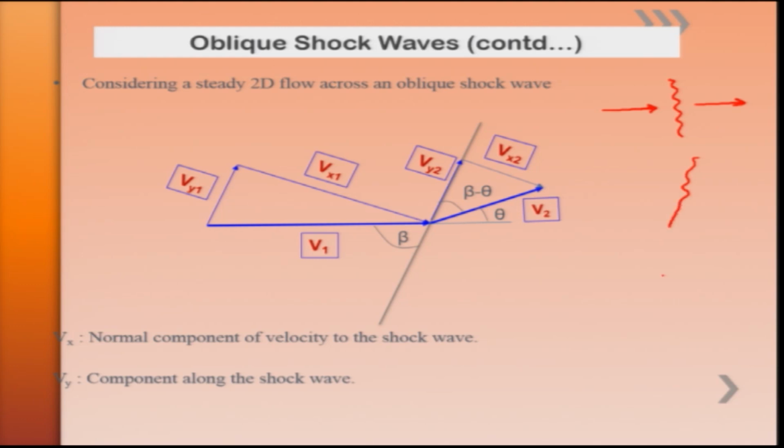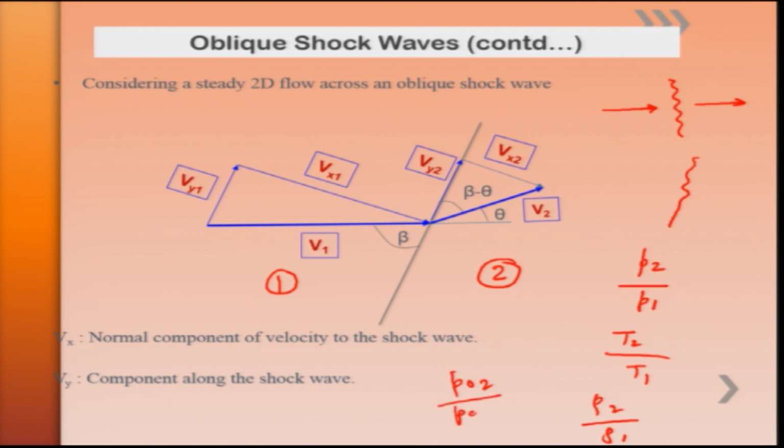That means for these kinds of oblique shocks which are encountered here, our objective is to have the upstream and downstream property ratios, that is P2 by P1, T2 by T1, rho 2 by rho 1, the stagnation pressure ratio P02 by P01, and what about delta S, in the case we are interested in calculating these changes.